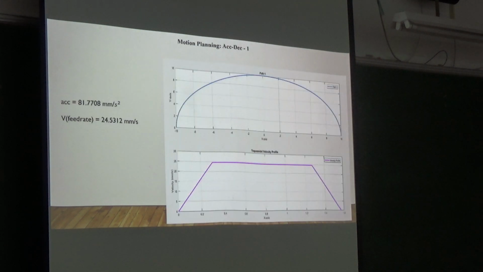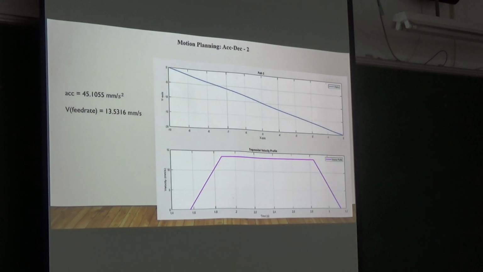The first part will be the upper half circle, starting at one point and finishing at the end point. The acceleration I choose here is around 1.77 millimeters per second squared, and the feedrate will be 24.53 millimeters per second.